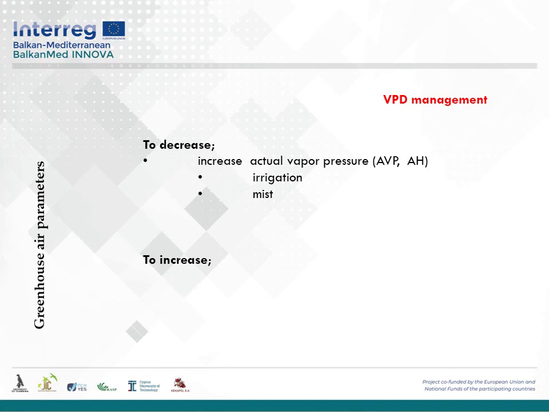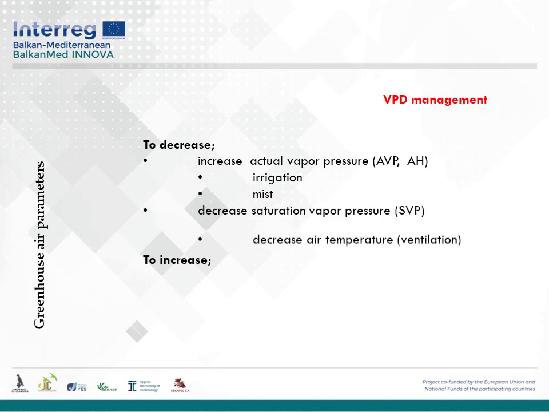First, to increase the actual vapor pressure, or otherwise to increase the content of water vapor in the air, to increase the absolute humidity. And you can do that by frequent irrigations, which intensifies the evaporation from the greenhouse soil, or even better by misting, which delivers small droplets of water into the greenhouse air, which very quickly transform into water vapor and thus increase the absolute humidity of the air.